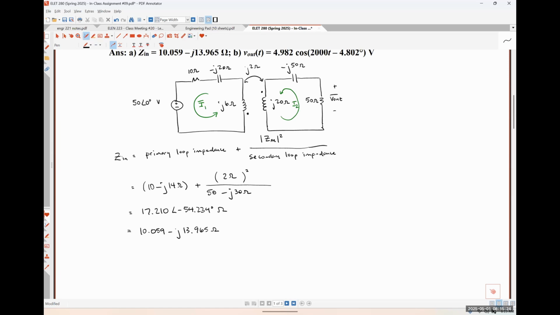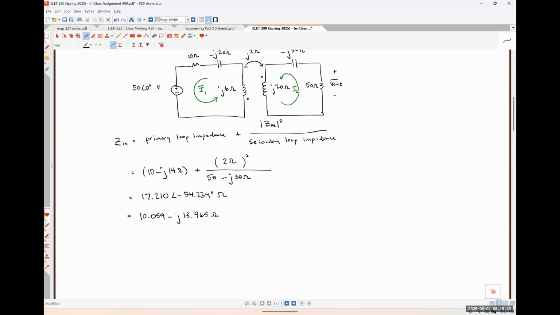All right, so from this primary loop impedance, which we found matches the answer provided, how would we go about step by step solving for the quantity V out? Anybody have any thoughts on that?